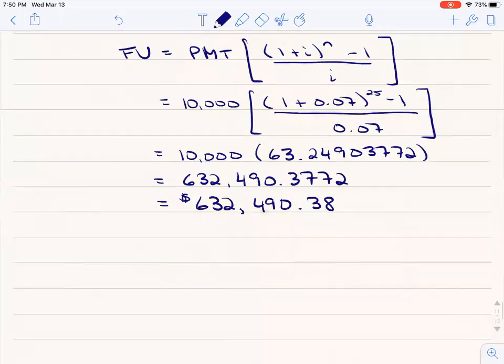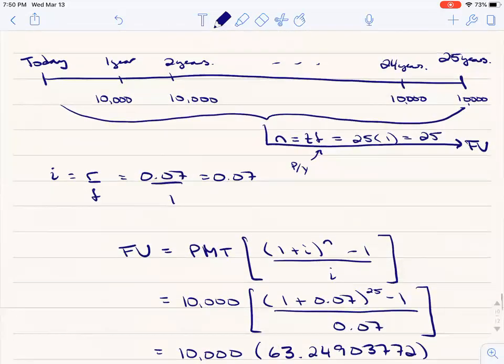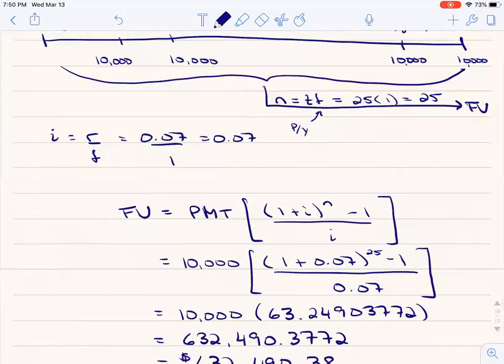How much did it actually cost her? She made 25 payments of $10,000.